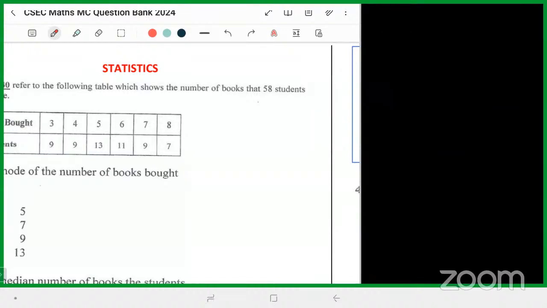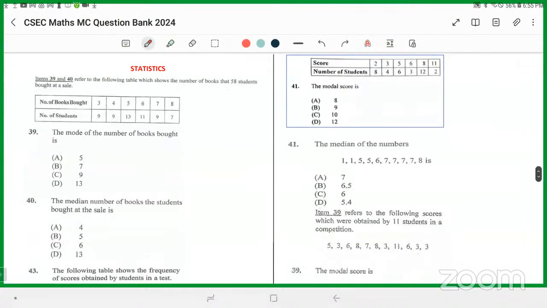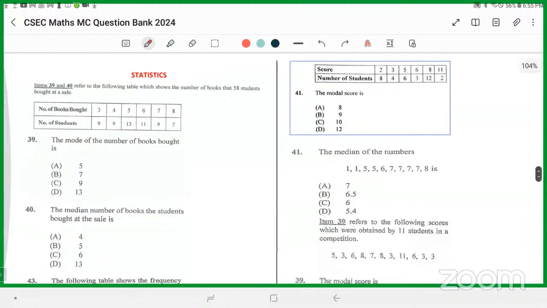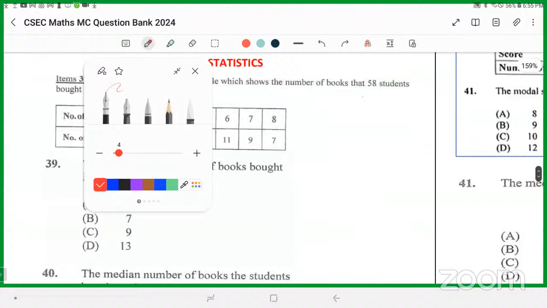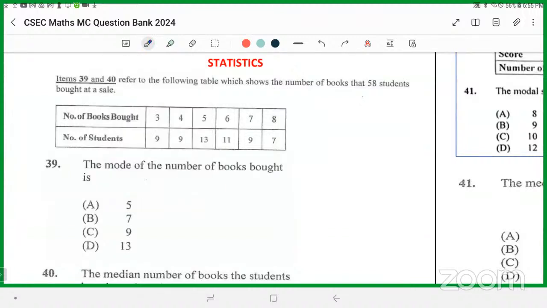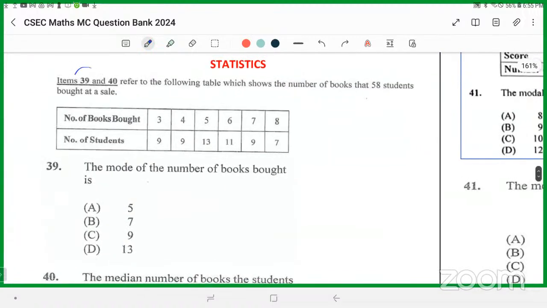Let's run through the statistics. All right, let's go. This one is a two-part thing, 39 and 40. Refer to the following table, which shows the number of books that 58 students bought.